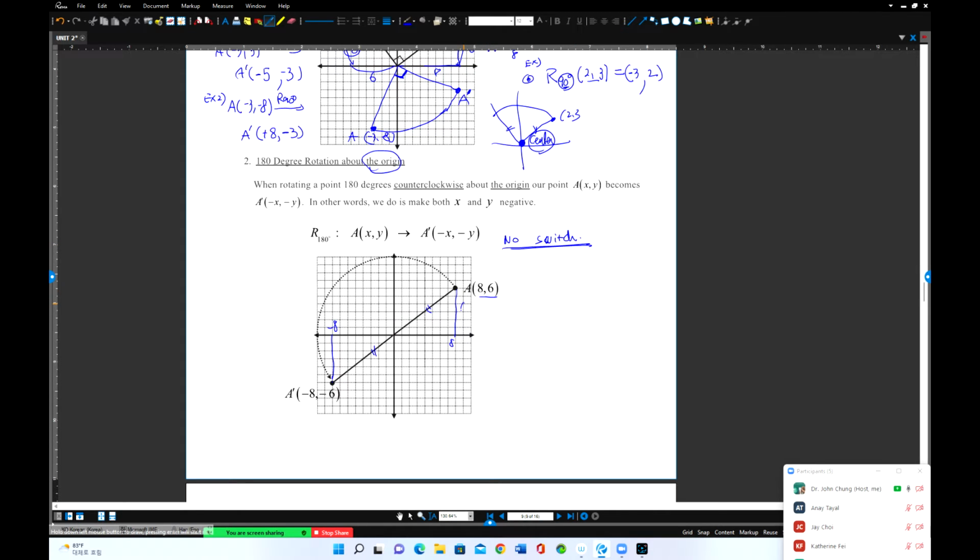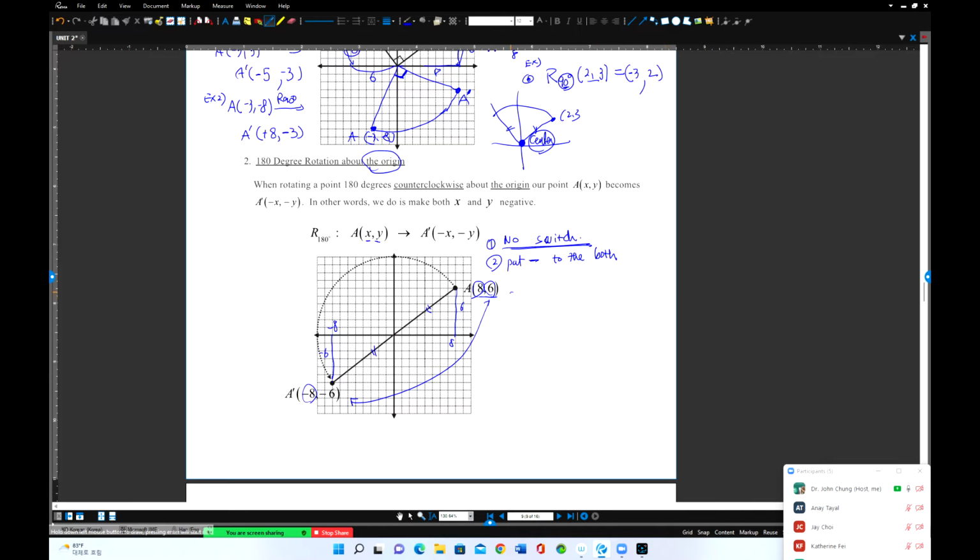But the 6 going up becomes negative 6 going down. When you have a coordinate, put the negative sign on both. No switch, put the negative sign on both.